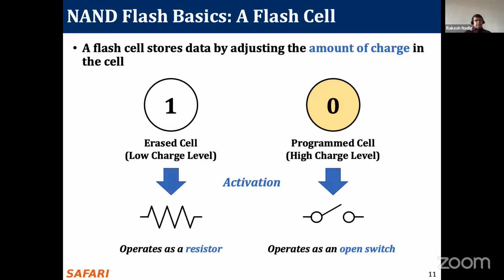And when we activate cells, either an erased cell or a programmed cell, the erased cell acts as a resistor, and the programmed cell operates as an open switch. So this is the key principle behind NAND flash memory, and how it behaves when we activate a flash cell.